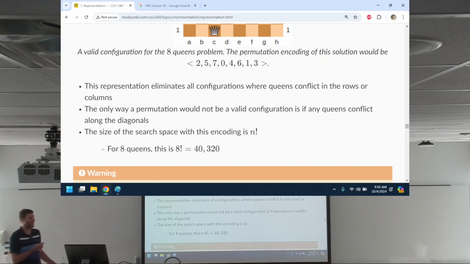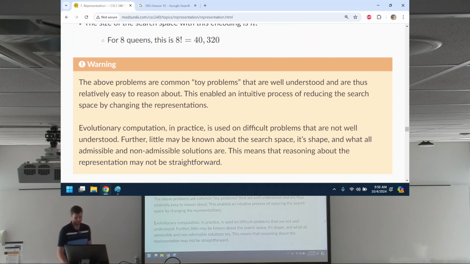But then again, if we had a way to guarantee that they weren't in the same row or column or diagonal, that would have solved the problem. So, yeah. There is a gap.